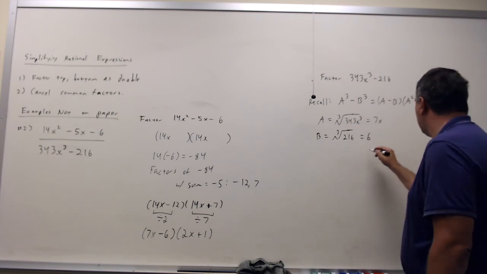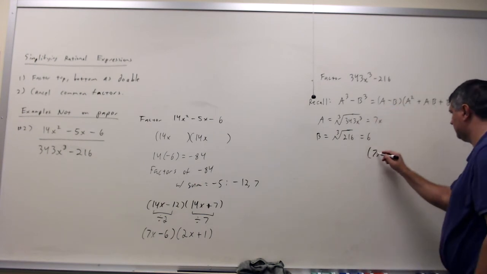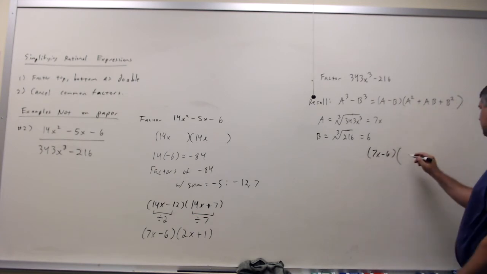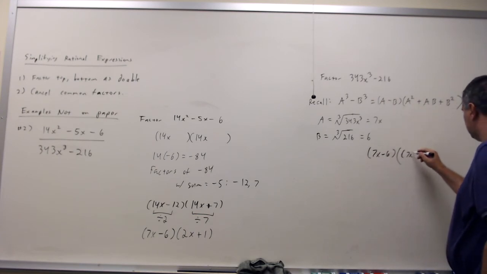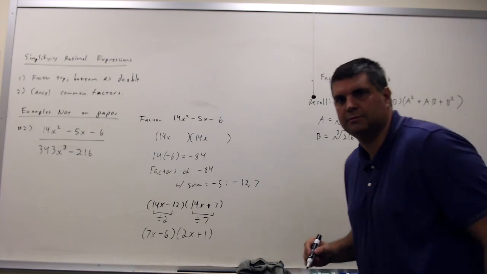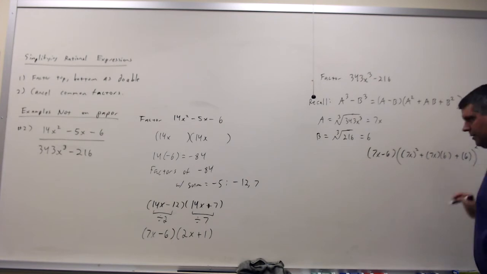So I have 7x minus 6 times 7x squared plus 7x times 6 plus 6 squared.